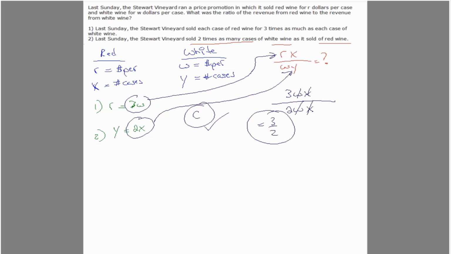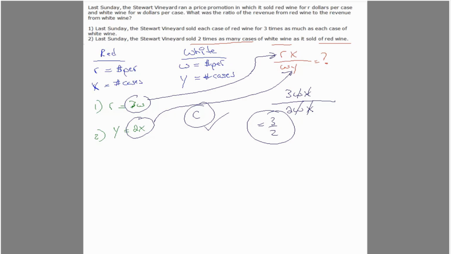Again, it works. They could have said the white revenue is what percent less than the red revenue. It works. They could have said the red revenue is what fraction of the white revenue, and it works. And finally, they could have said, what is the percent change between the red revenue and the white revenue? This is crazy because all of those work and ask the same thing in a different way.